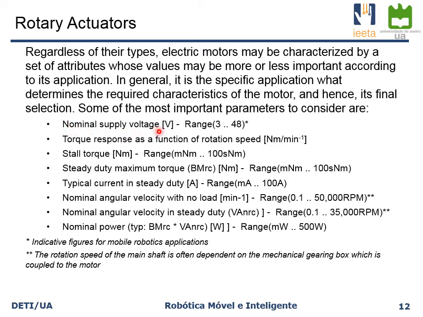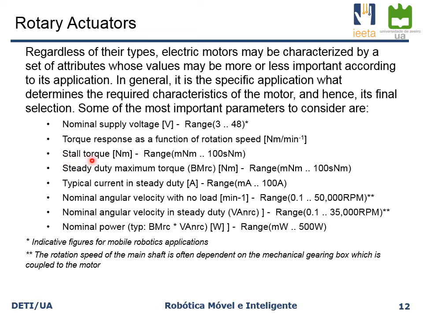Nominal supply voltage. It depends on the type of energy source that you use. It can range from 3 to 48 volts. These are, of course, indicative figures for mobile robotic applications. The torque response as a function of rotation speed, which is the force that makes the wheel turn. These are defined in Newton meters per minute.